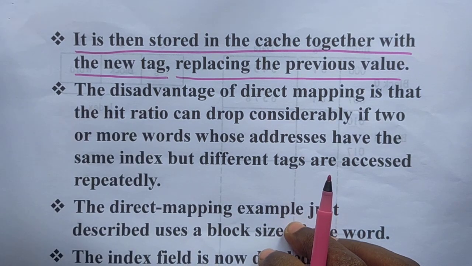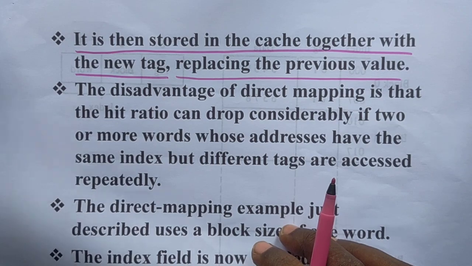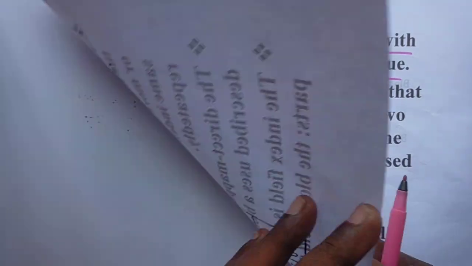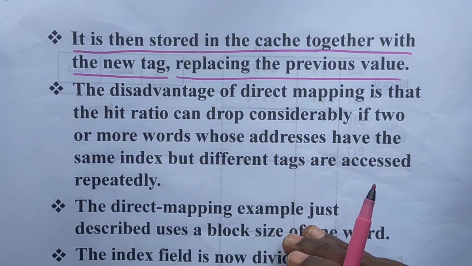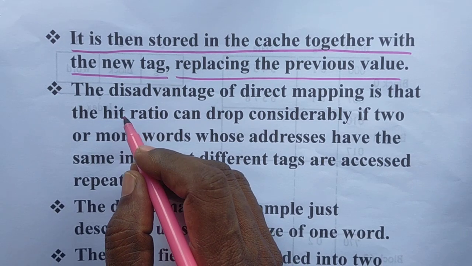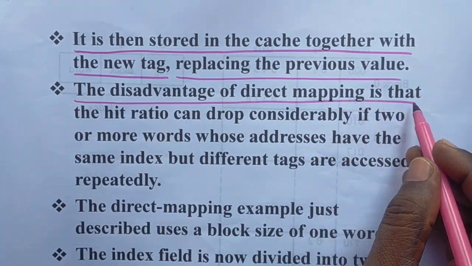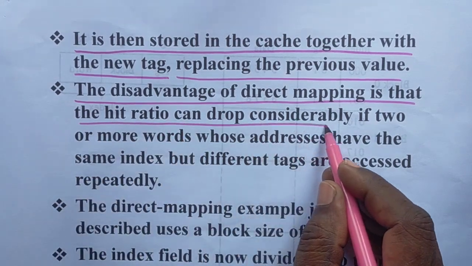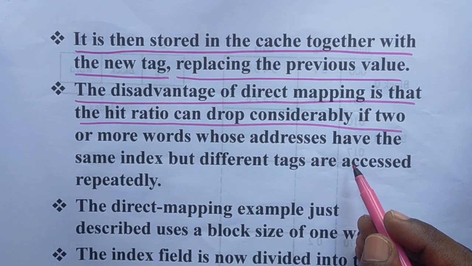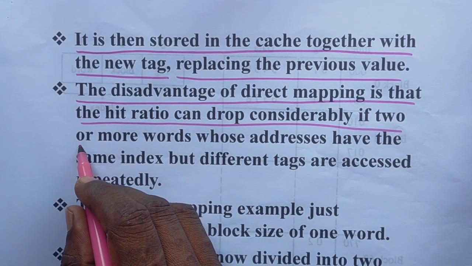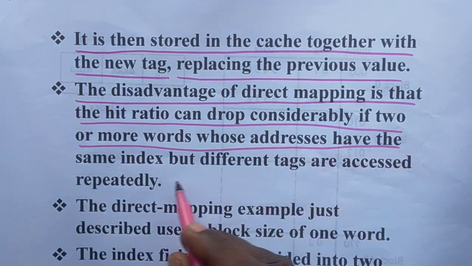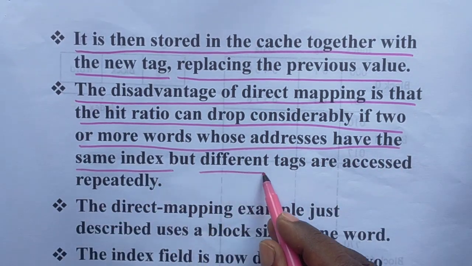The disadvantage of this direct mapping is that the hit ratio can drop considerably if two or more words in the address have the same index but different tags.